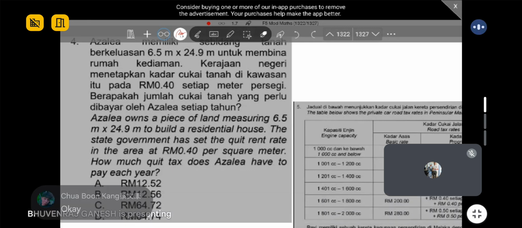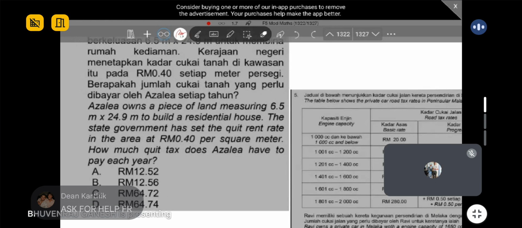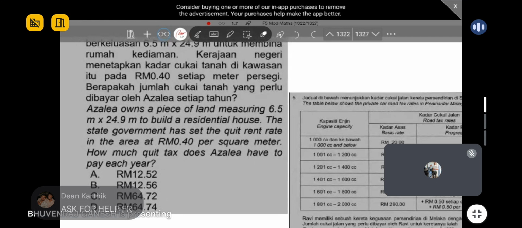You can directly tell your answer. A, B, C, D. Which one? Huh? Don't know also. Wow, this one too much already lah, guys. Cannot. 2 people max. Cannot go some more already.